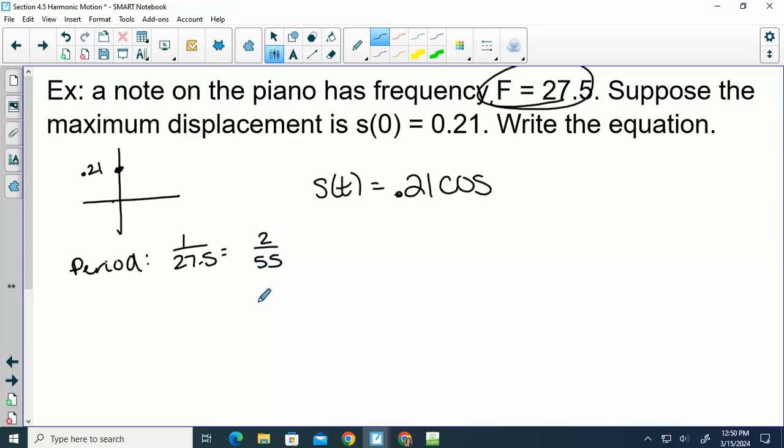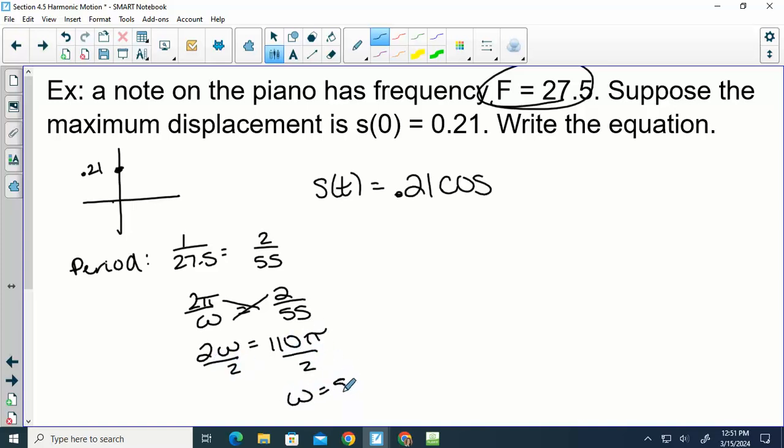Period is 2 pi divided by omega, and that had to equal 2 over 55. So, cross multiply, divide by 2, so it's 55 pi. So it's 0.21 cosine of 55 pi t.